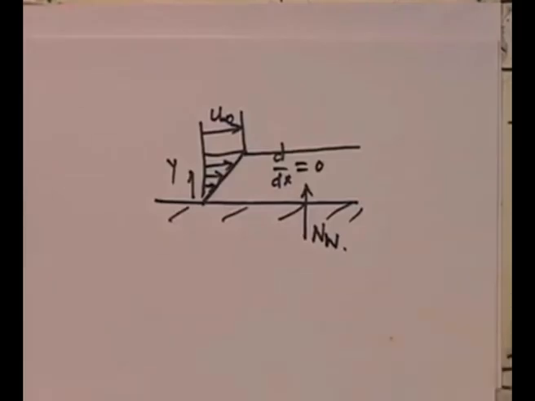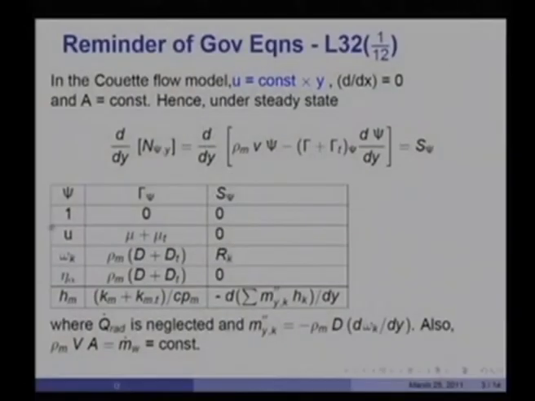So, if you look at the meanings of psi, psi equal to 1 would imply simply the continuity equation or mass conservation equation. Psi equal to u will imply the momentum equation, with gamma equal to mu, and then if it is a mass transfer, mass fraction omega k, this would be the species transfer equation, and this would be the energy equation.